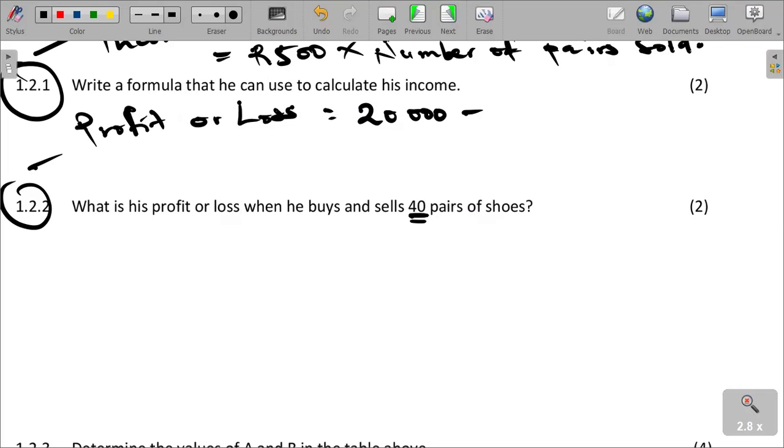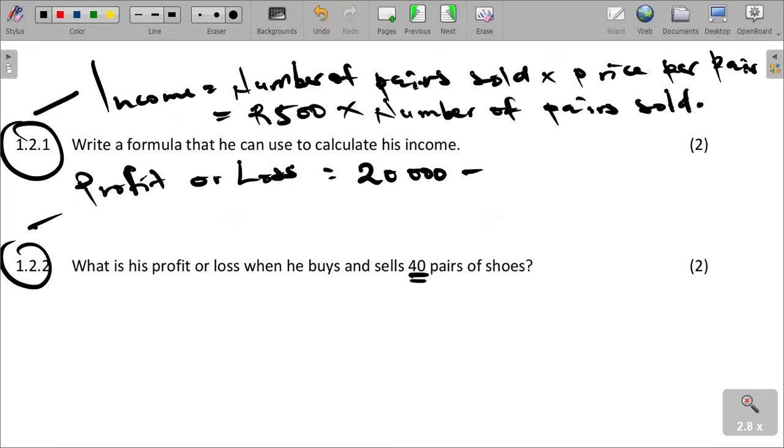We are saying profit or loss. Remember, let me show you the table again.